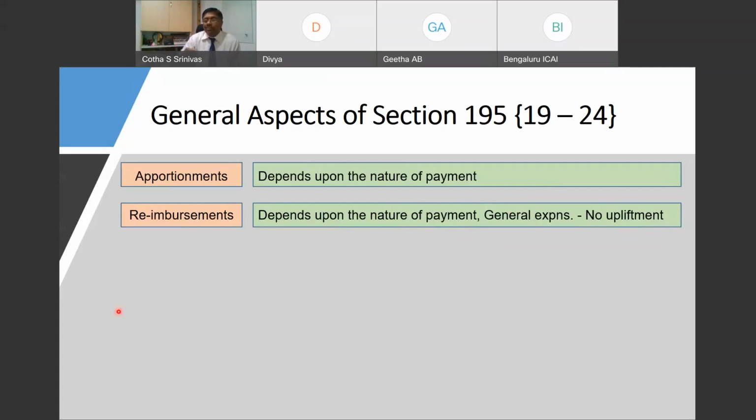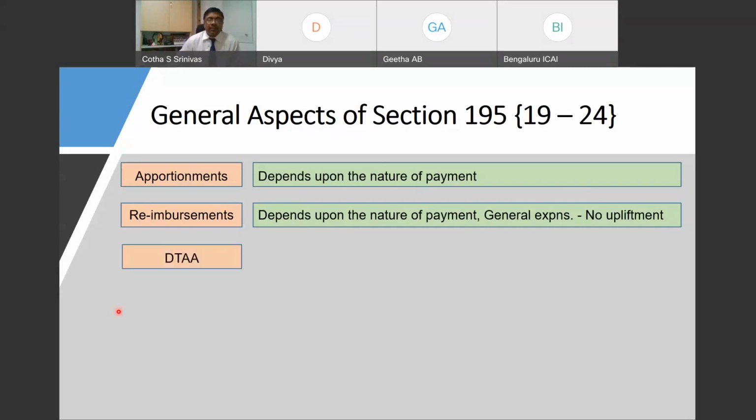In those cases, we can say that it is pure reimbursement of expenses without any upliftment, and whatever expenditure you record in your books is not falling under any of the TDS provisions, or it is not income in the hands of a non-resident, then that need not be subject to TDS under section 195.